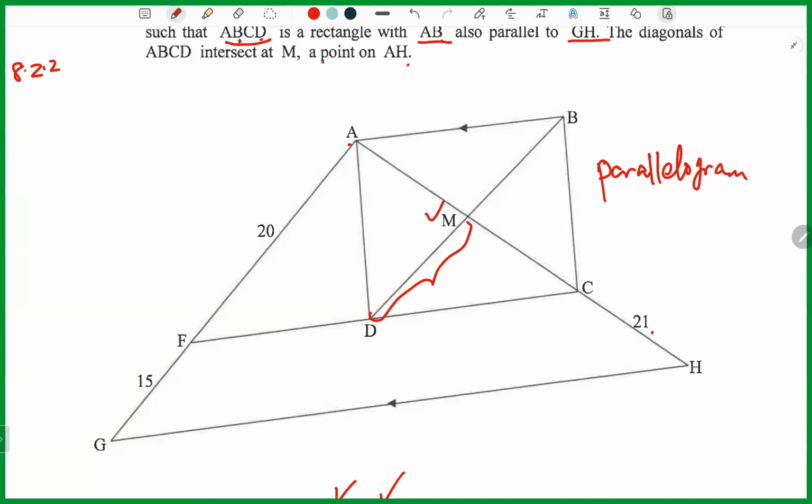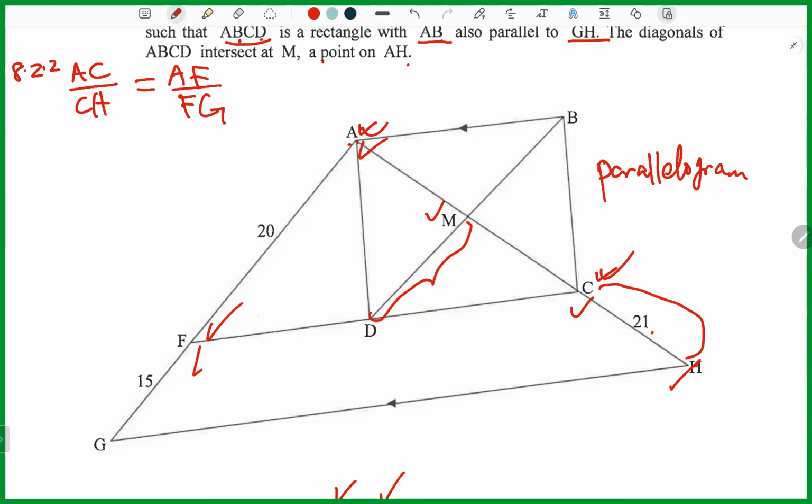And to find DM, first and foremost, realize that AC over CH is equal to AF over FG.